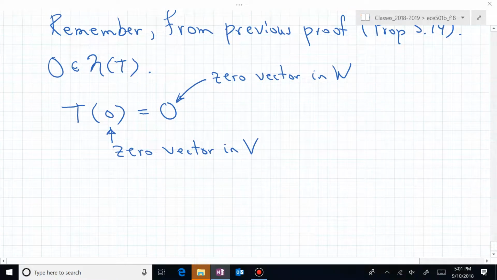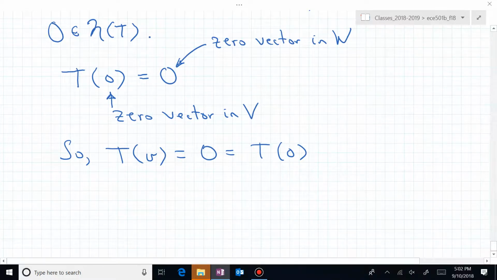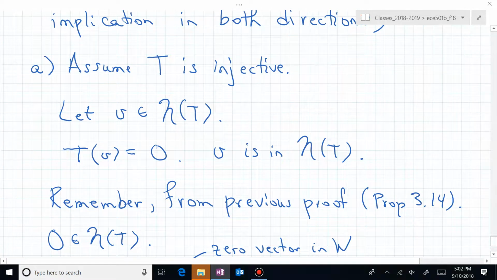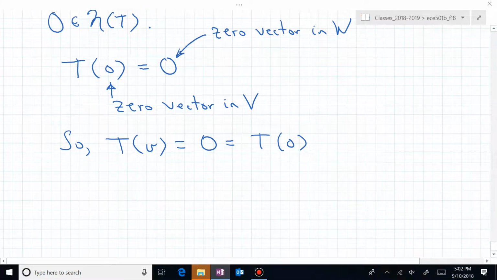Now, what do we know? T of V, what was that equal to? 0. But in the previous line, we saw that 0 is also equal to T of 0. But what did we just say about T? We said T is injective. And what does it mean when T is injective? Then the vector in the domain has to be the same, doesn't it?